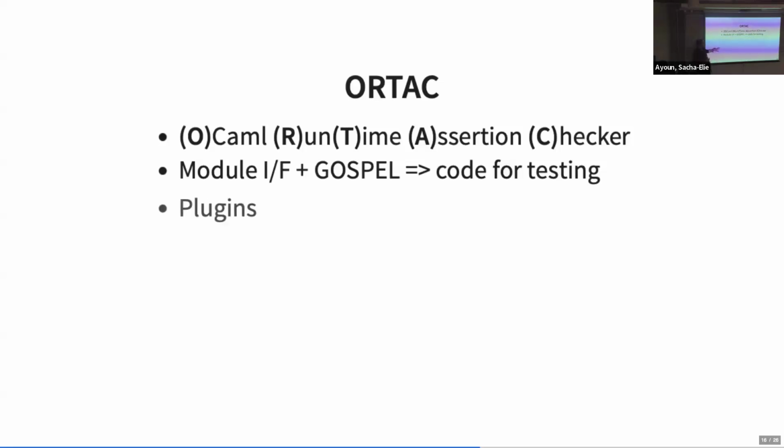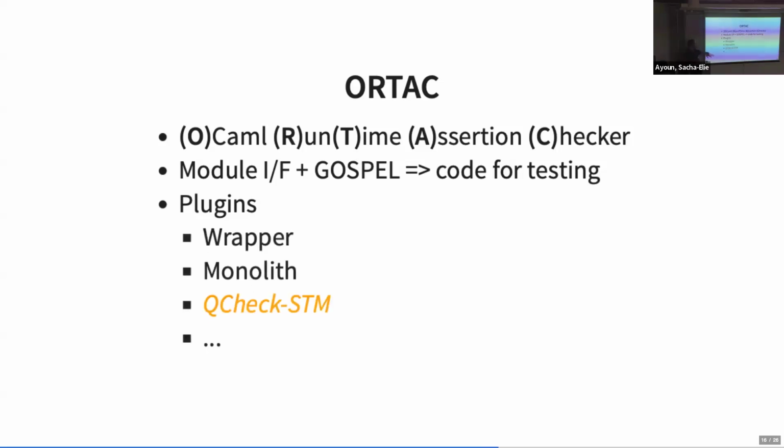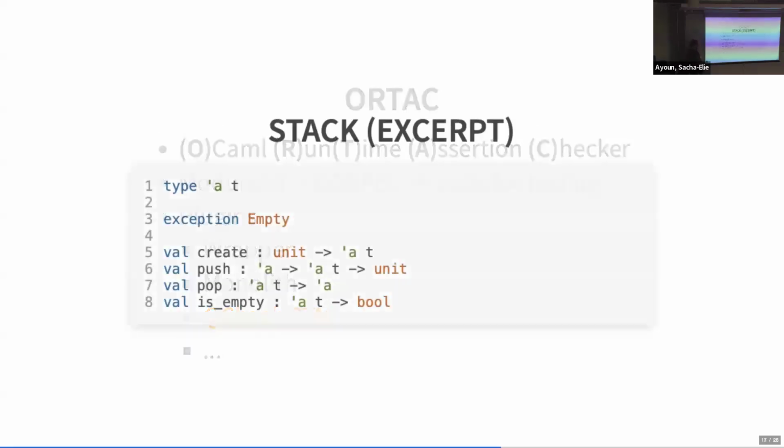ORTAC is a very open architecture, so you can have different plugins that take this code for testing and do different things with it. There's a couple of them by now. The one that I'm going to talk about is the QCheck-STM plugin, because that's the one that allows you to have this kind of QuickCheck-like testing for these kinds of mutable data types.